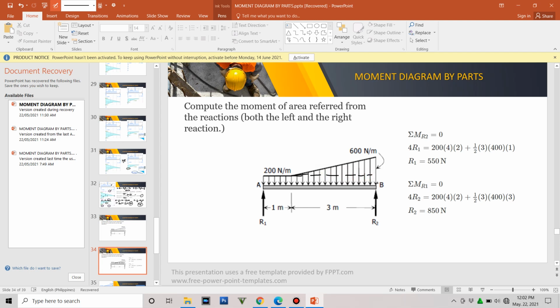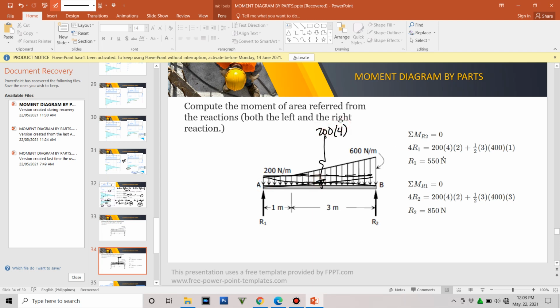Ginawa niyang distributed at varying load. So, if we are going to take moments here, 200 times 4, yung buo na yan, yung buo. Ito.